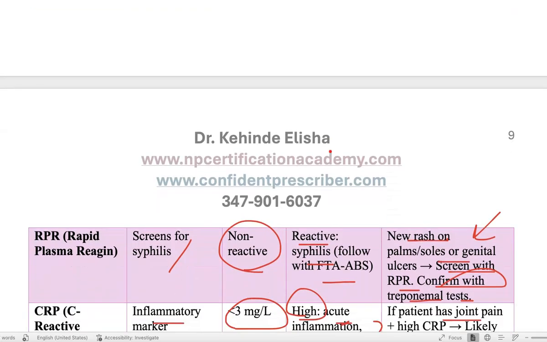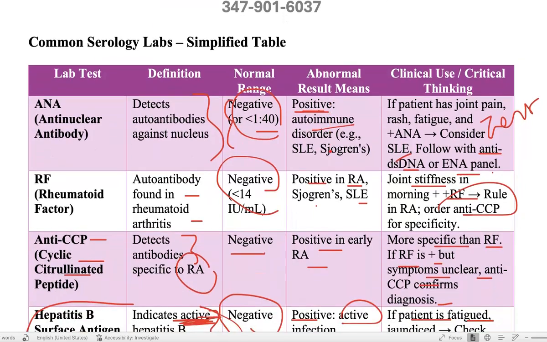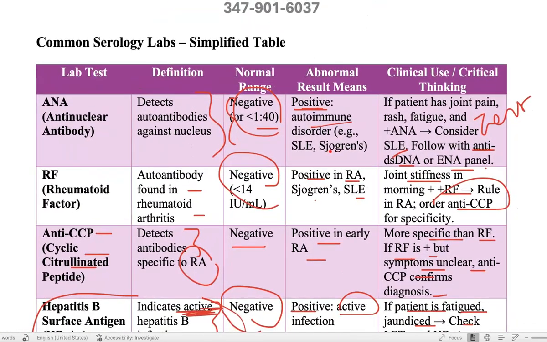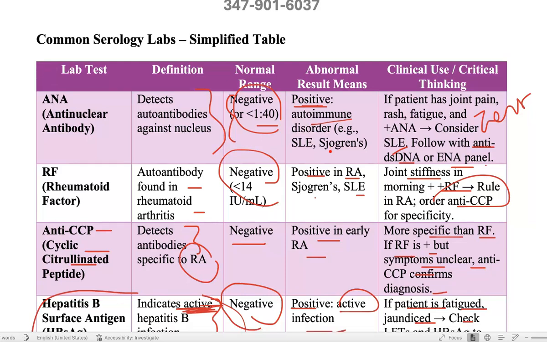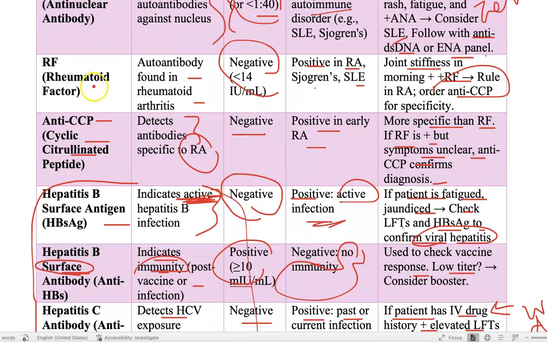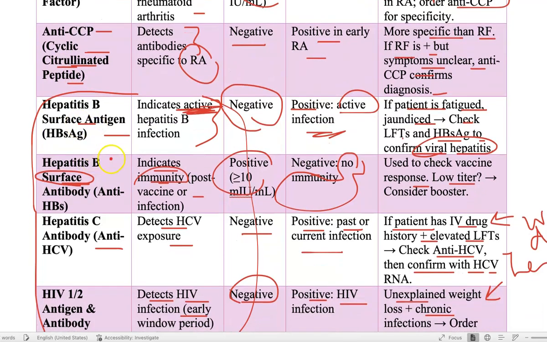That ends our lab on immunology, hematology, and serology. But I'm going to quickly wrap up serology by calling out the list like I did for the others. ANA, anti-nuclear antibody. RF, rheumatoid factor. Anti-CCP, cyclic citrullinated peptide. Hepatitis B surface antigen.